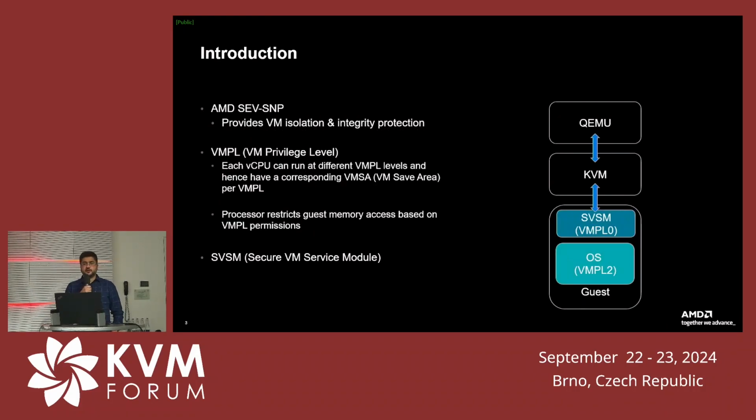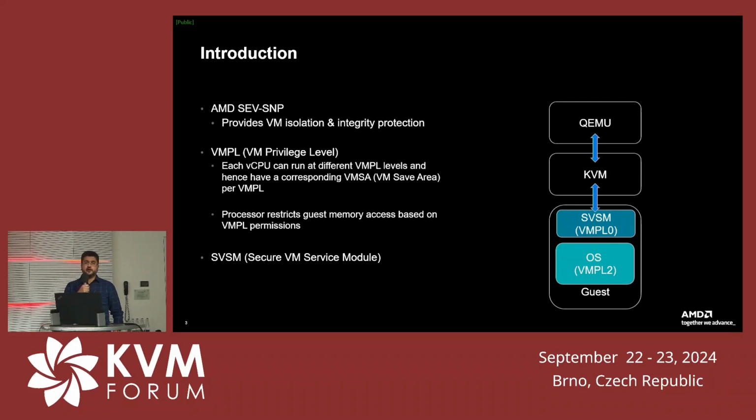First, I will introduce AMD SEV SNP, which Tom also explained in detail in his talk yesterday, and Paolo also touched on. SNP provides VM isolation and integrity protection for guest VMs. VMs have their own symmetric keys and are encrypted with their unique keys, and all the VMs and the host are encrypted with their corresponding keys.